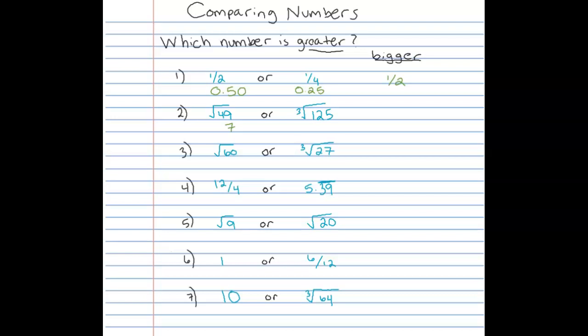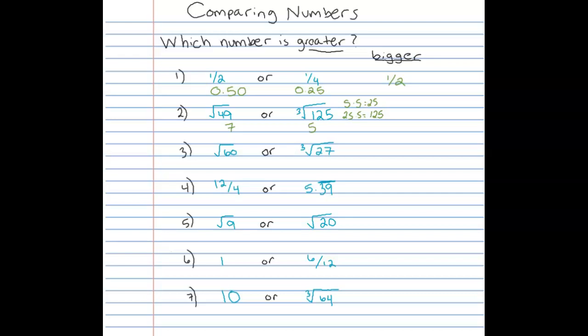Let's pick a number, let's pick 5. 5 times 5 is 25. 25 times 5 is 125. So the cubed root of 125 is 5.